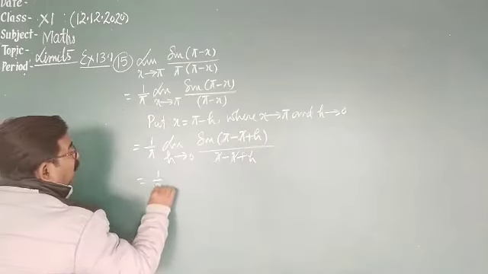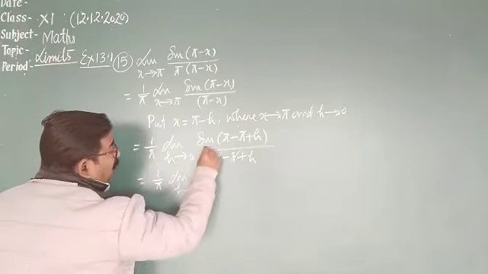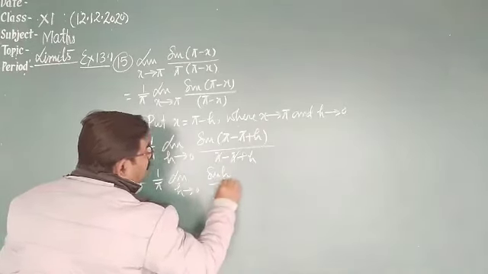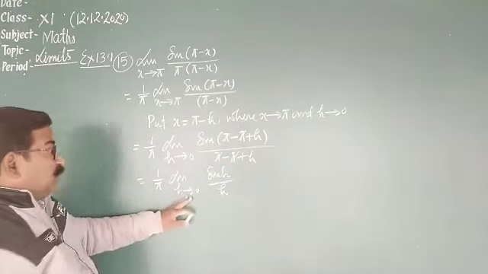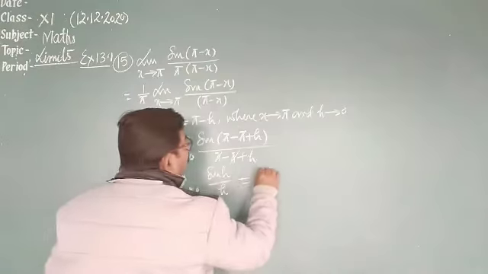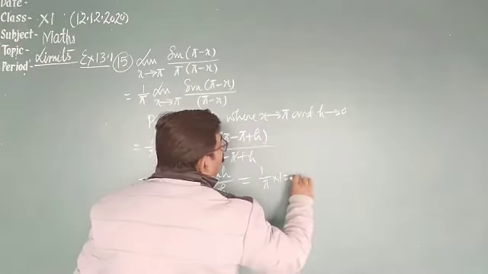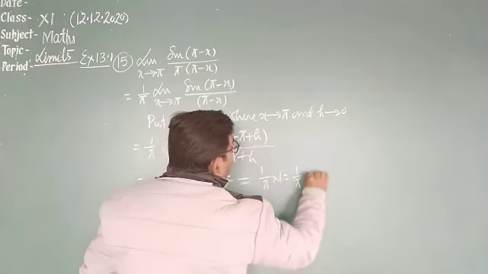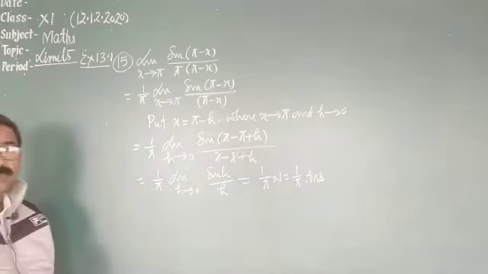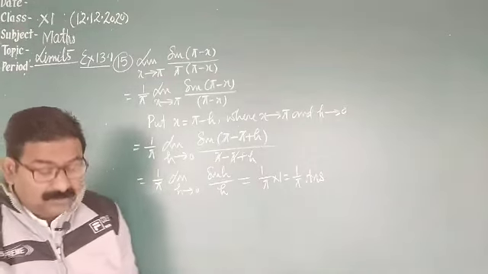We have 1 upon pi, limit h tends to 0, sin h upon h. Now sin h upon h is equal to 1. So we have 1 upon pi into 1, which is 1 upon pi, the answer. Got it? Very simple question.